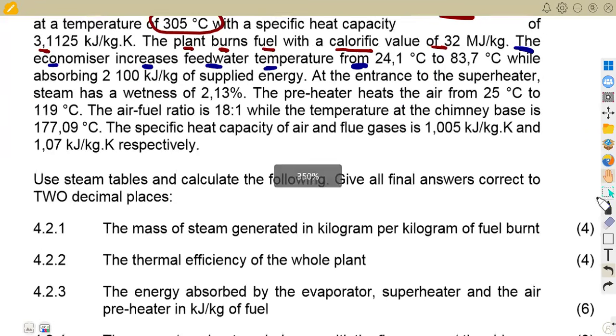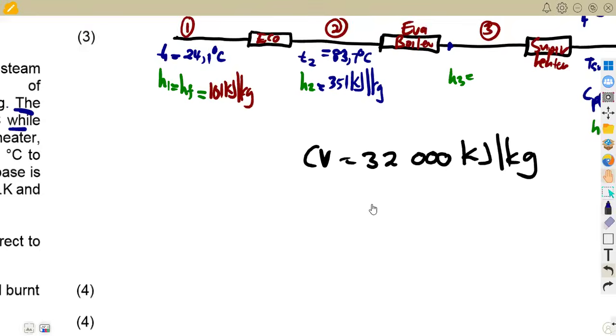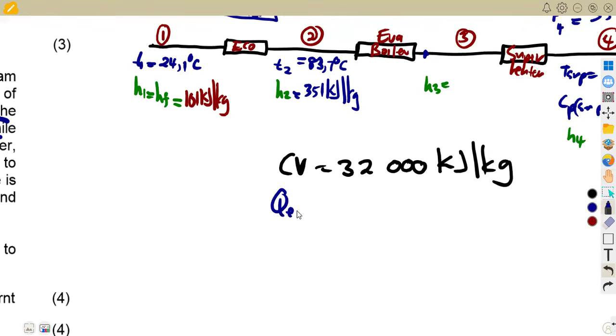Let us move on. While absorbing 2,100 kilojoules per kilogram of supplied energy, the economizer increases the feed water temperature. So we are given the energy taken in the economizer, 2,100 kilojoules per kilogram of the supplied energy.